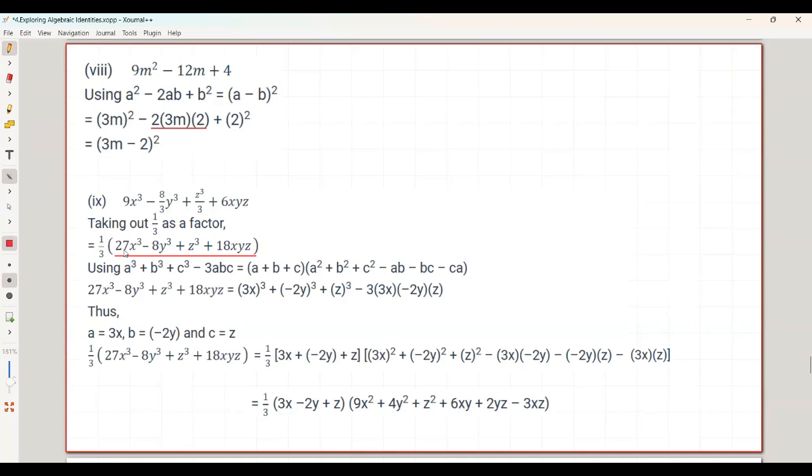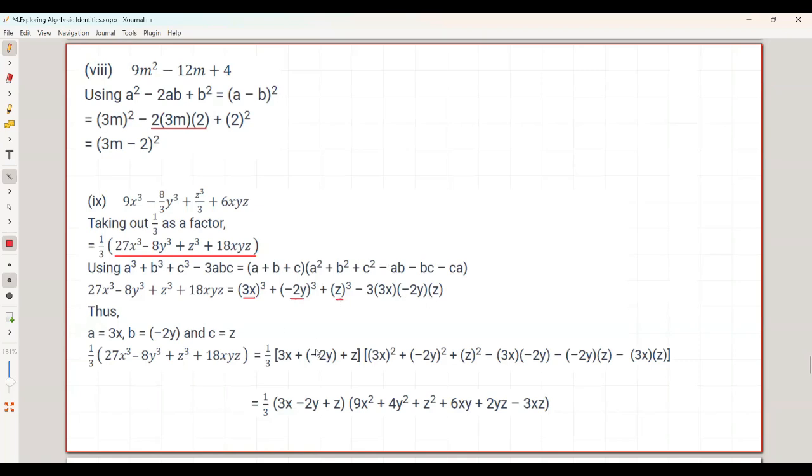Okay, how can we write it? This 27x cube can be written as (3x) the whole cube, and this one as (minus 2y) the whole cube, plus z cube, minus 3 into, here the a value is 3x, b value is minus 2y, c value is z. Okay, we got this.